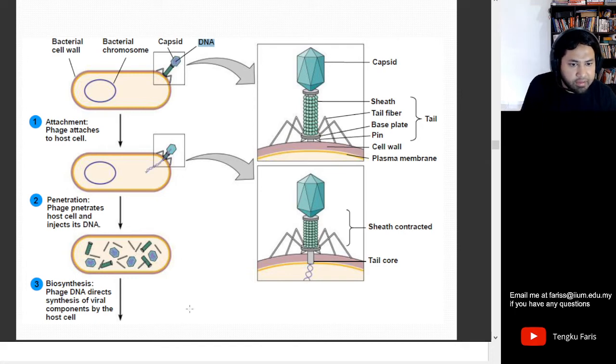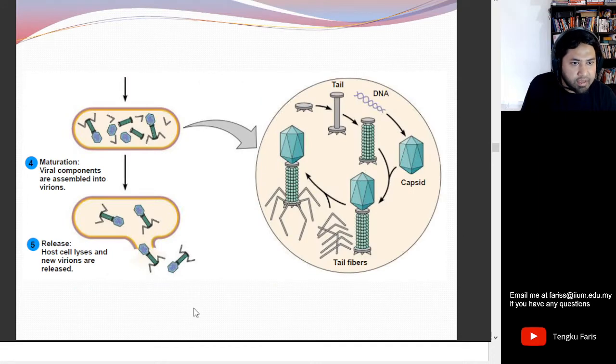You can find that they start the biosynthesis or the production of new viruses, and then they can remain there for some period of time until they become mature, and they can be released outwards to the outer environment by the enzyme called lysozyme, and these new virions or viruses can infect any other people or any other organisms, tissue or cells.